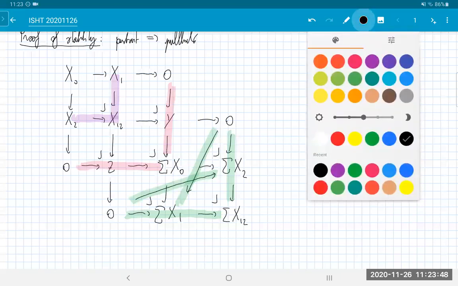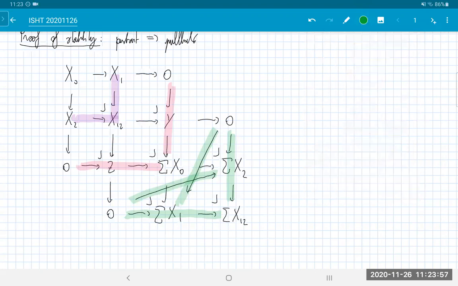Okay, and I guess, let me actually select this. And orange. There's also this portion of the diagram here. It's a very stupid sub-diagram, but I might as well select it. And notice that each of these sub-diagrams actually maps to the next one. This is a big poset, and each of these is just above this sub-poset.